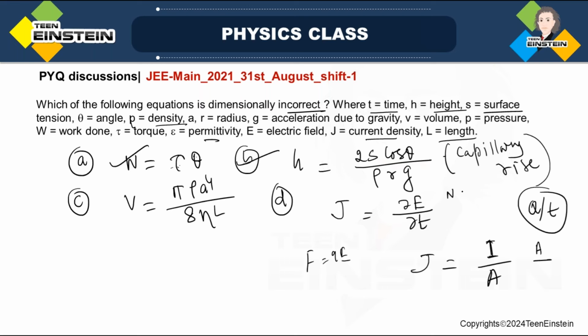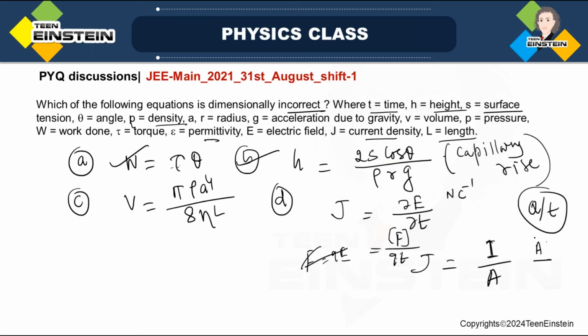E is equal to, so Newton per coulomb, and this is T. So Newton per coulomb means unit of force divided by charge into time.